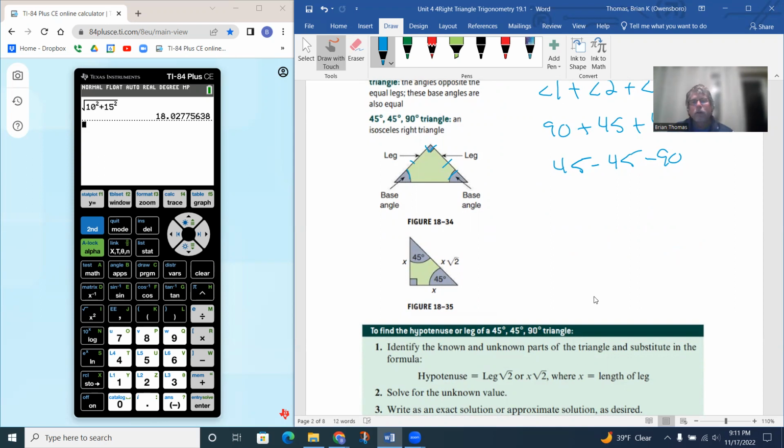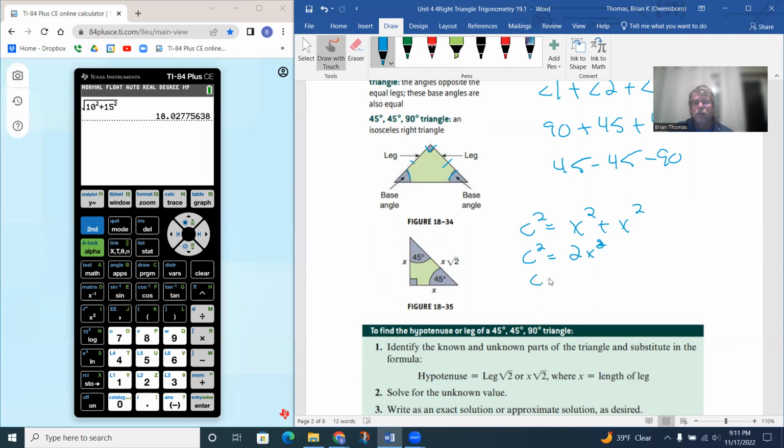Now, one of the things we can do is use the Pythagorean theorem to discover that if we have legs x and x, c squared is going to equal x squared plus x squared. So c squared would equal 2x squared.